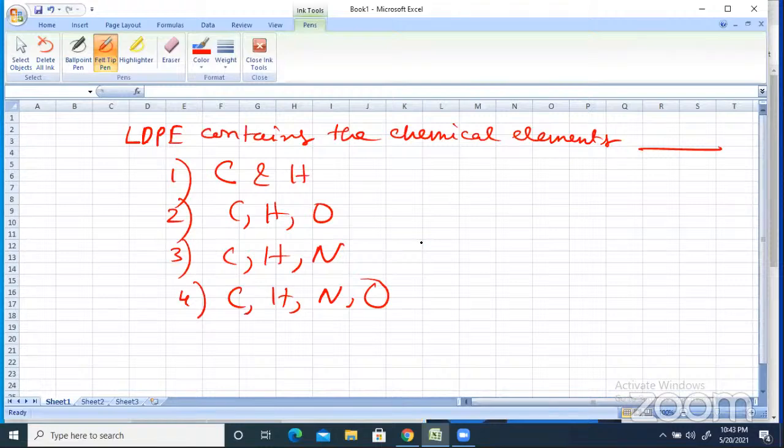Polyethylene, and ethylene is which kind of compound? C and H. There are three basic hydrocarbons as per their bonds: alkene, alkane, alkyne. These are all hydrocarbons. So only carbon and hydrogen. LDP contains carbon and hydrogen.